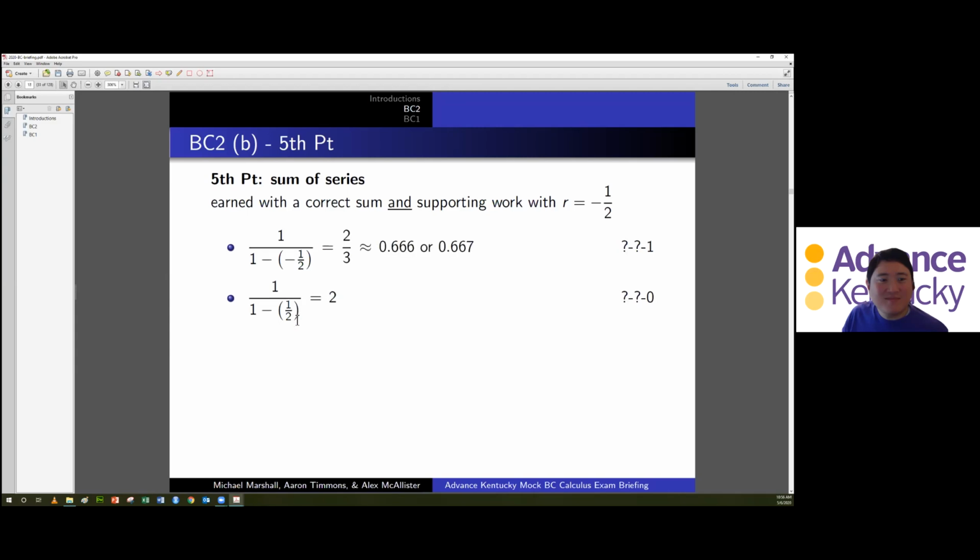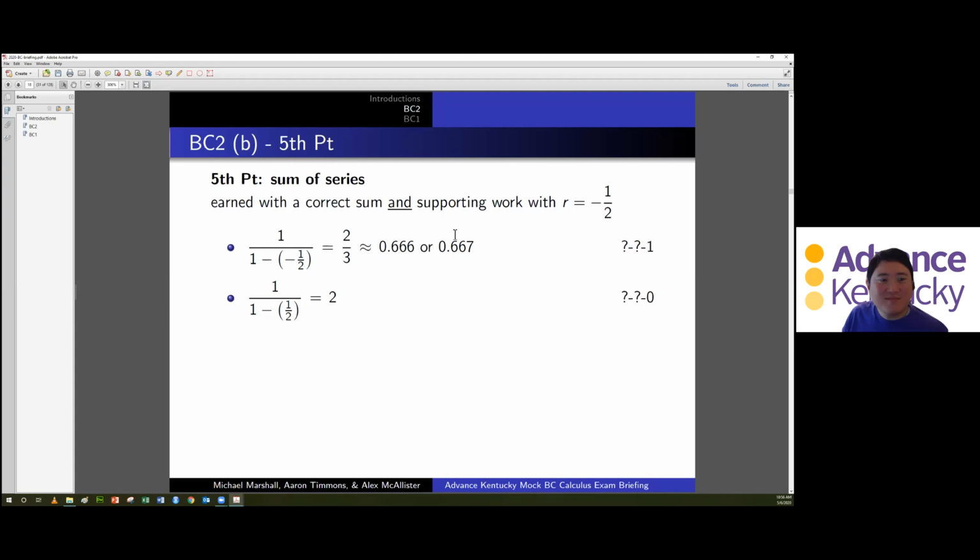Oh yeah, I just wanted to share with you what the values of these are. You can think of these as flags that help you locate whether they're going to earn this point or not. It turns out that the correct sum is 2/3. The student is allowed to also present the decimal version of those.